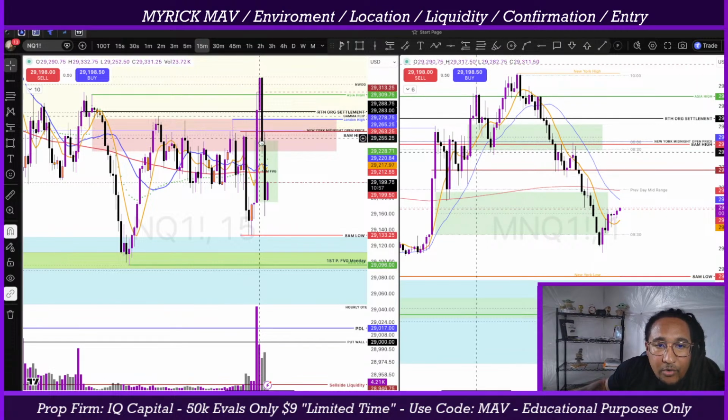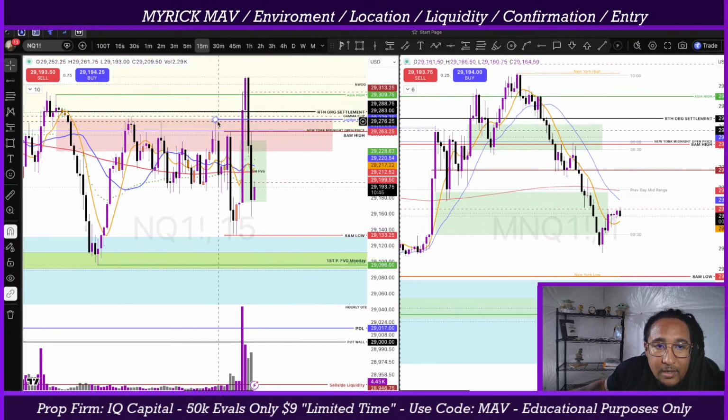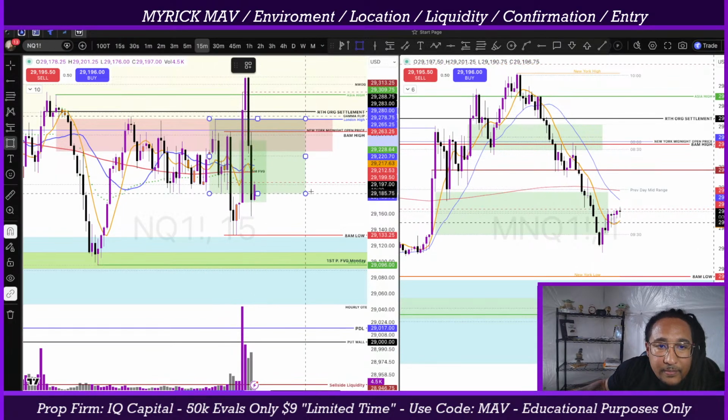Right now we're correcting, but once we get back up above these interior highs here, I'd see a reason to get into some longs. But this little area here would be for me a no trade zone.